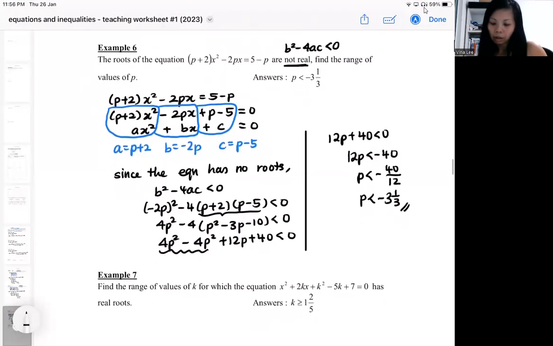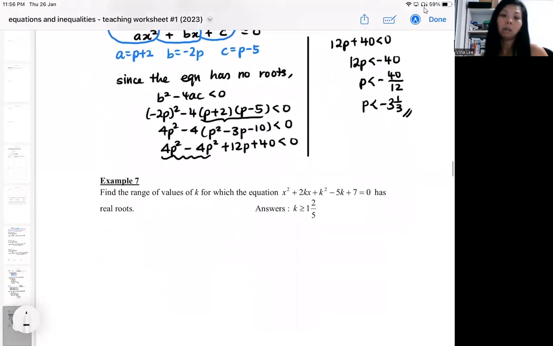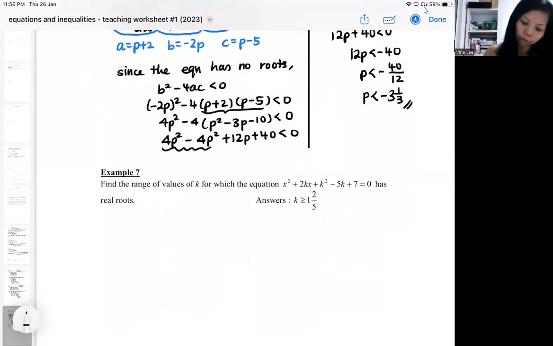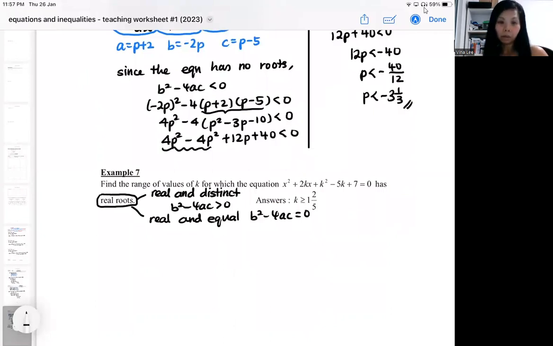Okay, so same thing. If you look at example 7, it can be a little bit more tricky. When the question says real roots, there are two situations. It can be real and distinct, which means the discriminant is positive, or it can be real and equal, which means that the discriminant is equal to 0. So that is the implication of real roots.